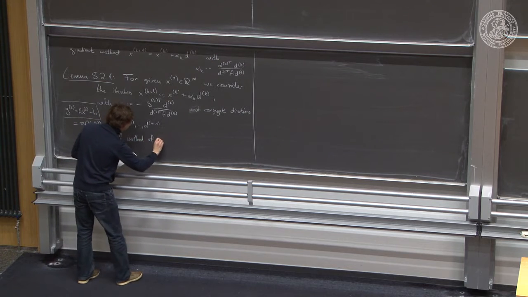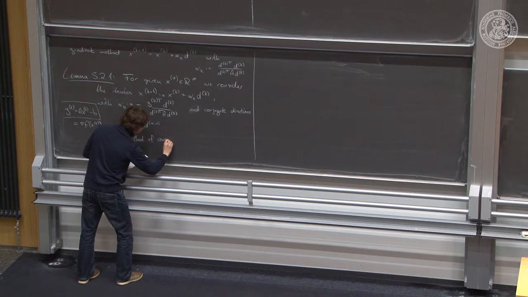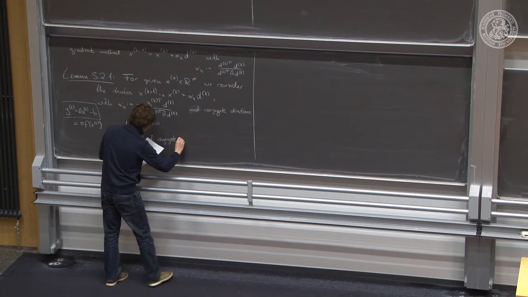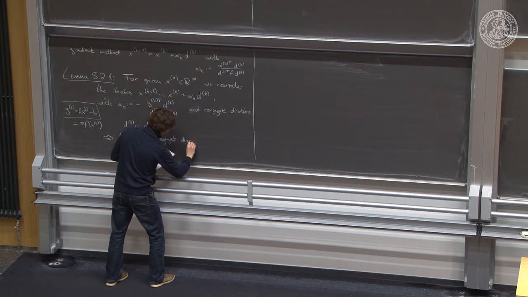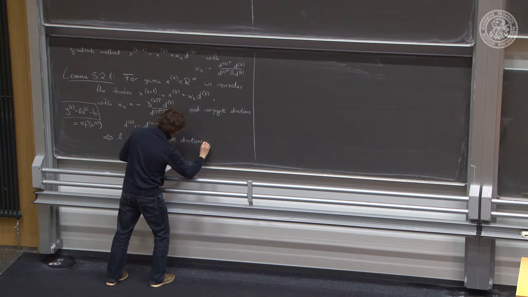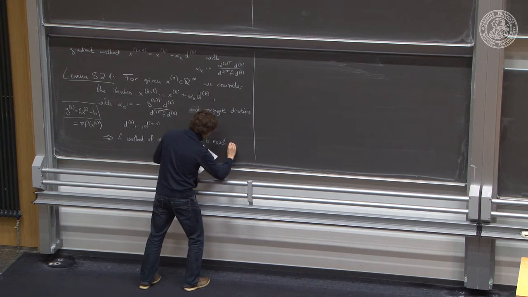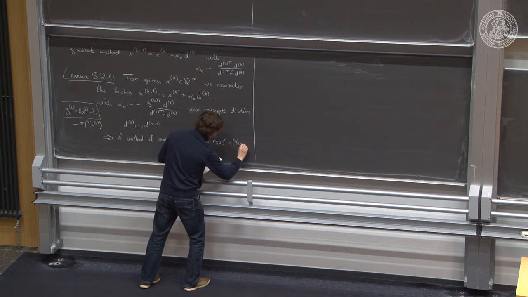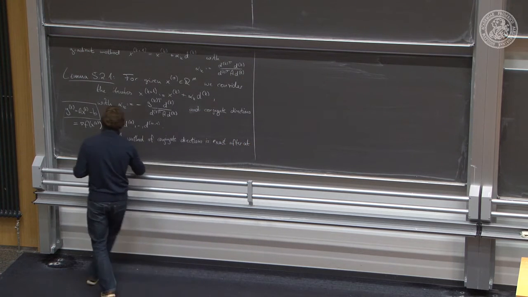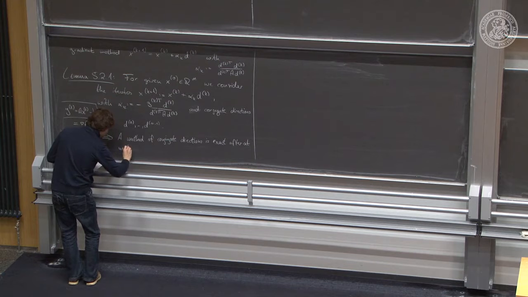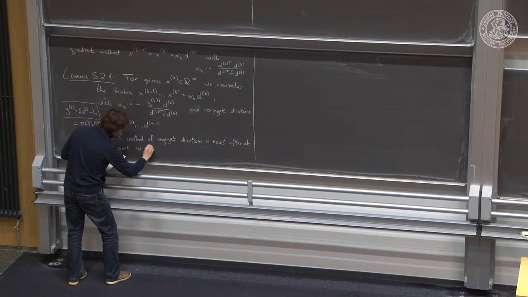In that case, a method of conjugate directions is exact after at most m steps.